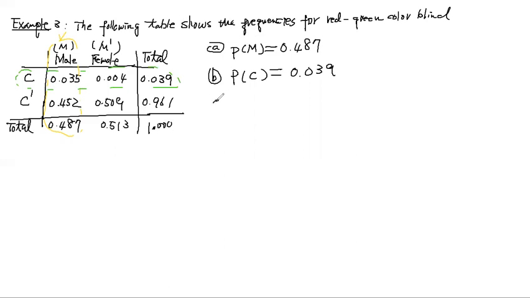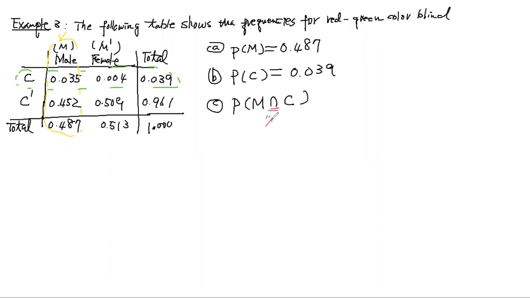Okay, now let's take a look at this one: the probability of male and C. Remember, this is the male. What does the intersection mean?